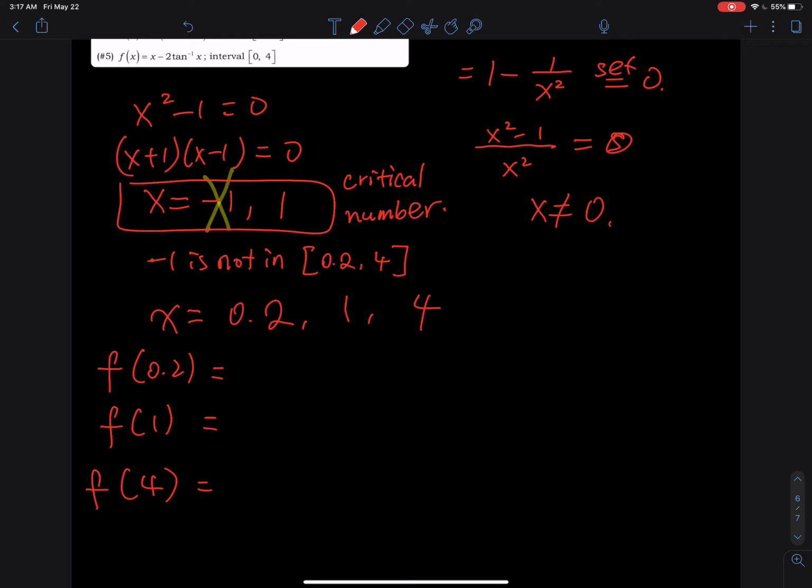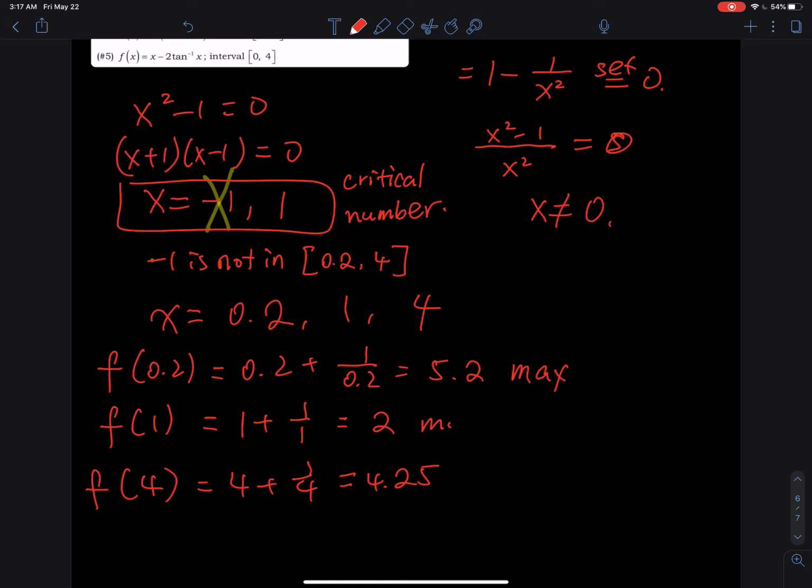So we have 0.2 plus 1 divided by 0.2, that equals 5.2. And then f of 1 is 1 plus 1 divided by 1, that equals 2. And then f of 4 is 4 plus 1 divided by 4, you need the decimal, right? Because we have to make a comparison. Where is the biggest, where is the smallest? So this is the maximum, right? And then this is the minimum.